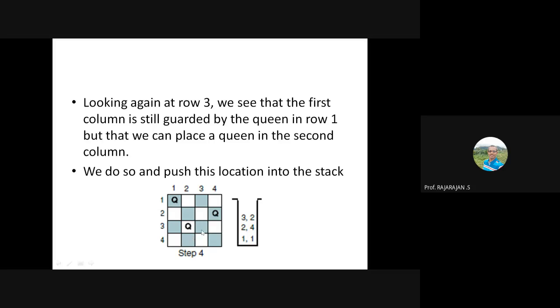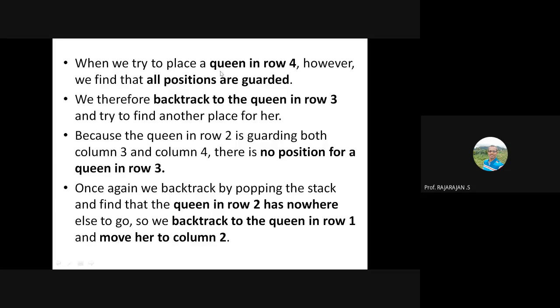So we have to backtrack. When we try to place the queen in row 4, we find that all positions are guarded. We therefore backtrack to the queen in row 3 and try to find another place for her. Because the queen in row 2 is guarding both columns 3 and 4, there is no position for the queen in row 3.